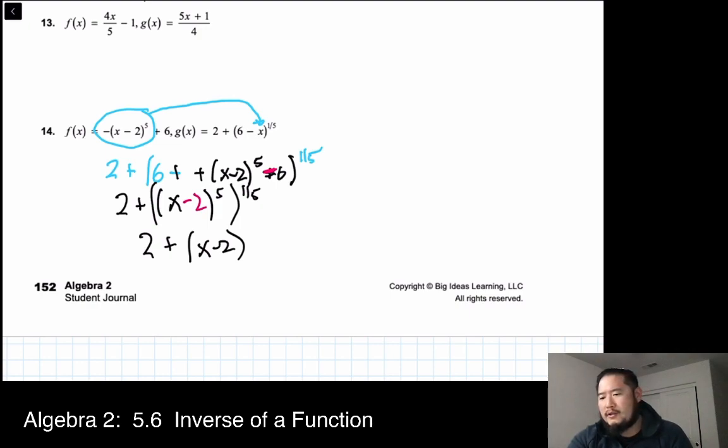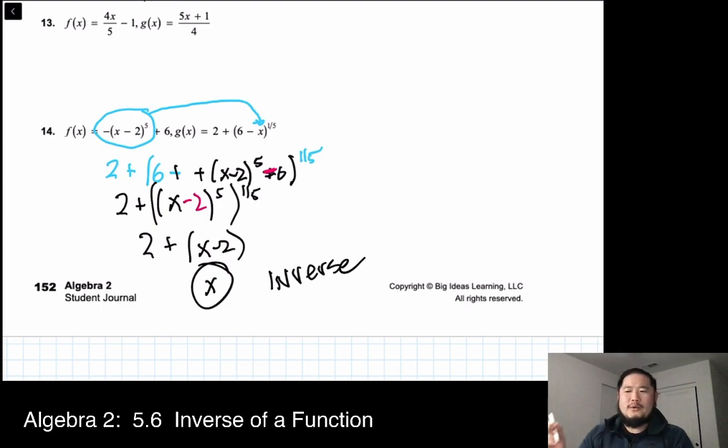So we go ahead, 2 plus negative 2. And guess what? We're left with just x by itself. When I took f of x and plugged it into g of x, it ended up equaling x. It's amazing, right? That means we have inverses.